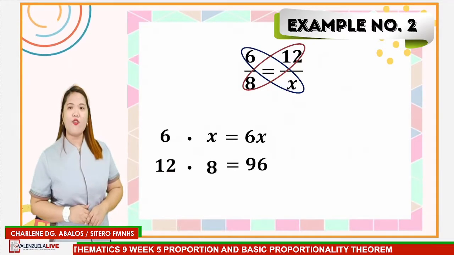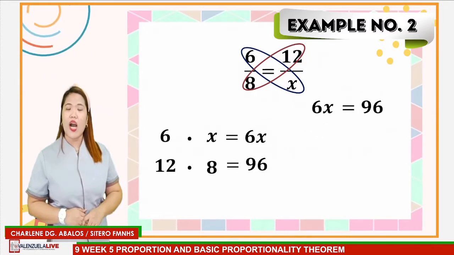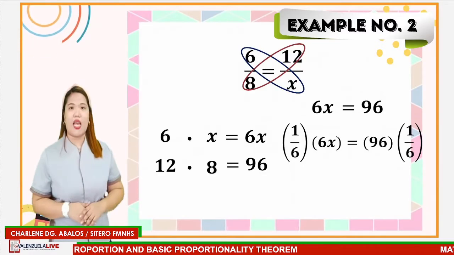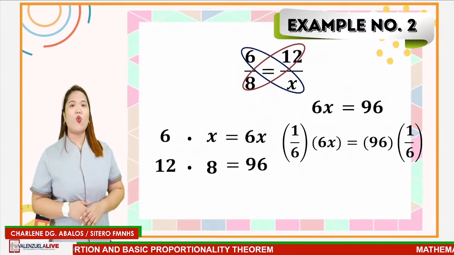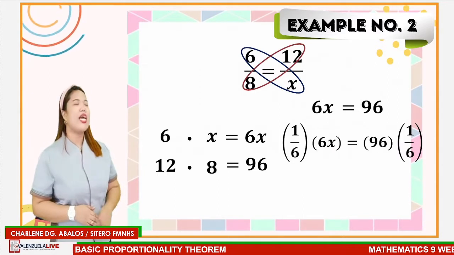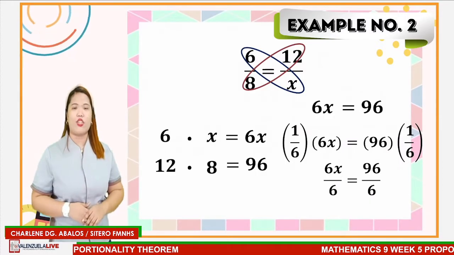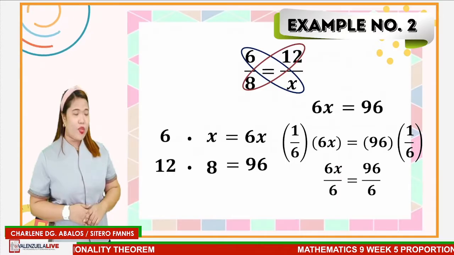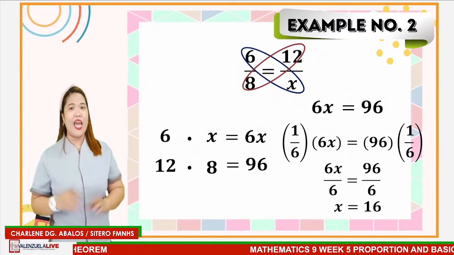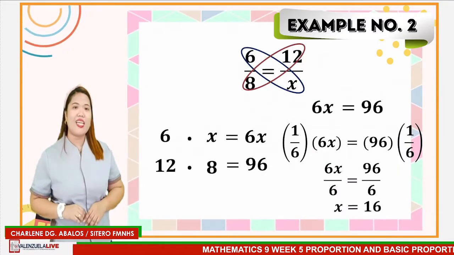Applying multiplicative inverse, multiply both sides of the equation by 1/6. So we will have 1/6 times 6x is equal to 96 times 1/6. It will be 6x over 6 is equal to 96 over 6. Then we will have x is equal to 16. Hence, the value of x, which is the missing term, is 16.